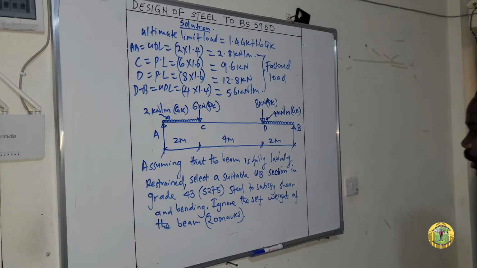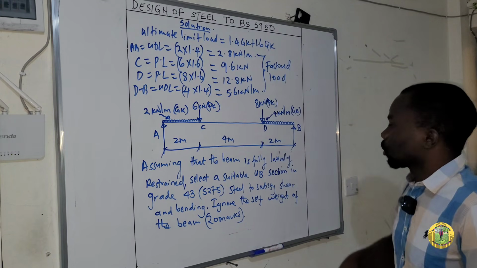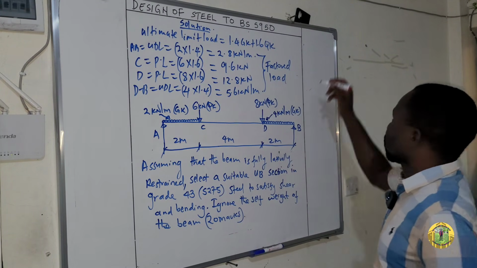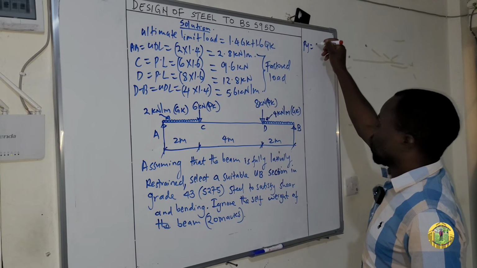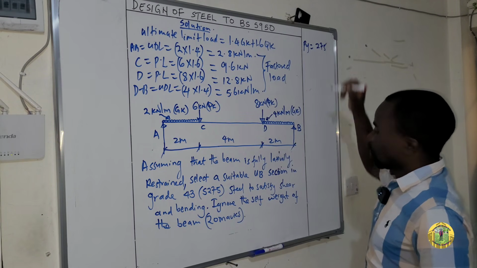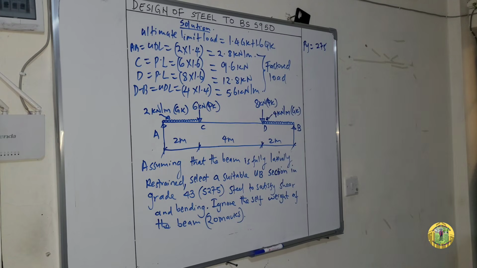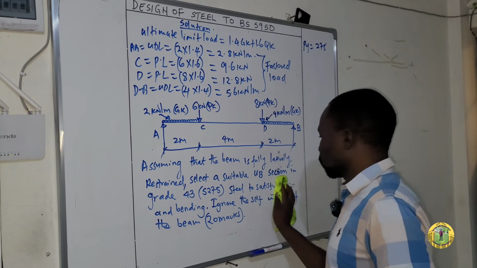So allow me to capture this information on this column. The strength class, so the PY is equal to 275.